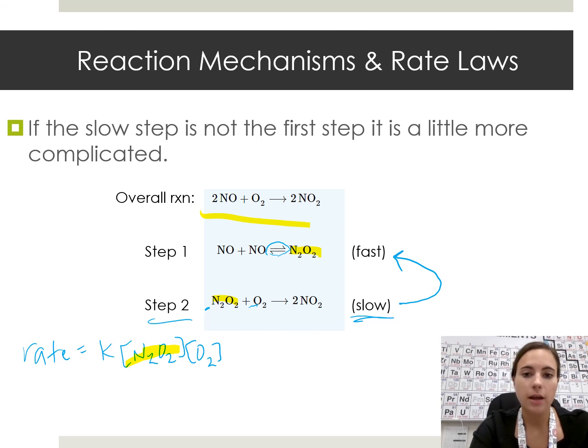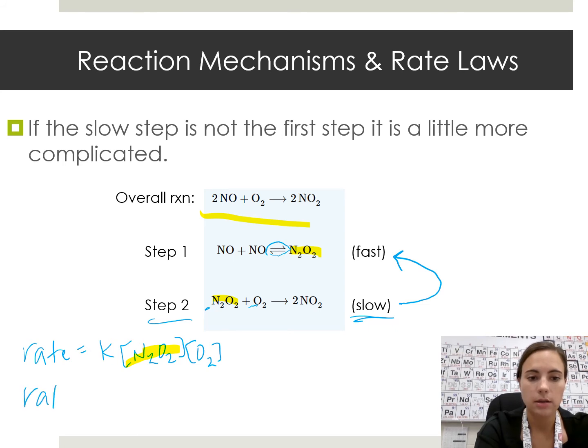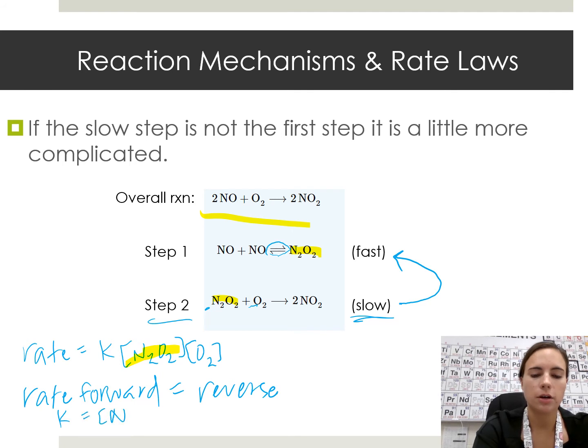What I'm going to do for that equilibrium reaction is write the rate for the forward reaction and set it equal to the reverse. So for the forward reaction, it would be k times concentration of NO squared, because there's 2 of them. And I'm going to set it equal to the reverse.